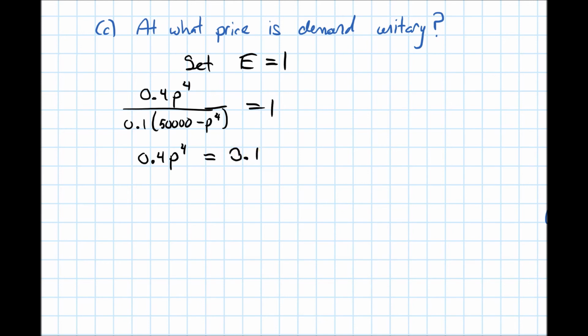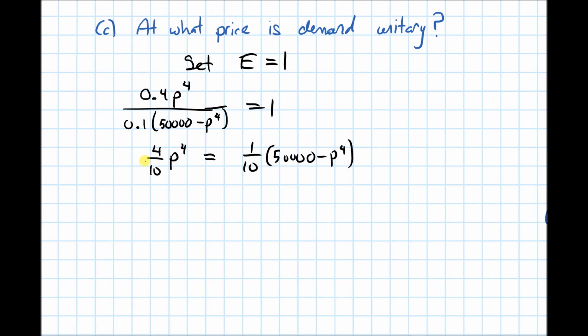Okay, so one thing that can be helpful in simplifying this further is to rewrite these decimals as fractions. This is 4/10, and then the 0.1 becomes 1/10. This equation is simple enough that I don't need a calculator to solve it. So what I can do next is get rid of the fractions. Let's multiply both sides by 10 to cancel it out.